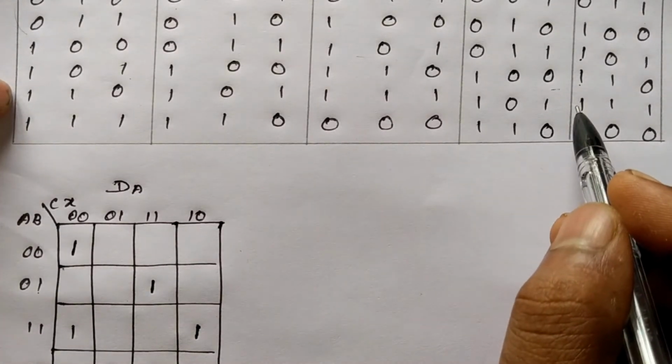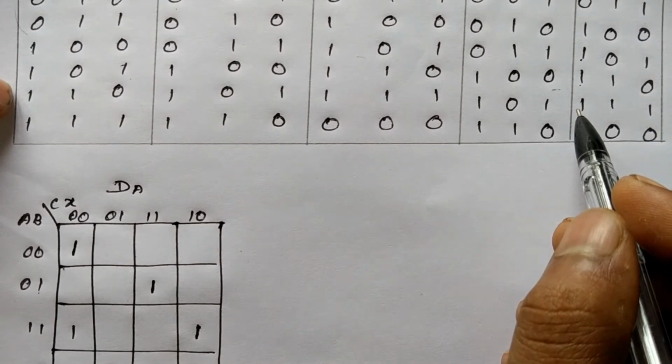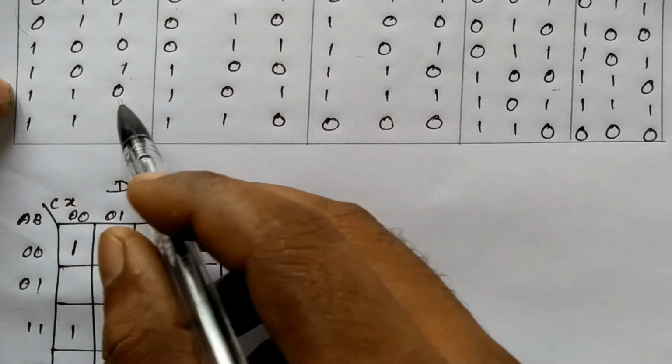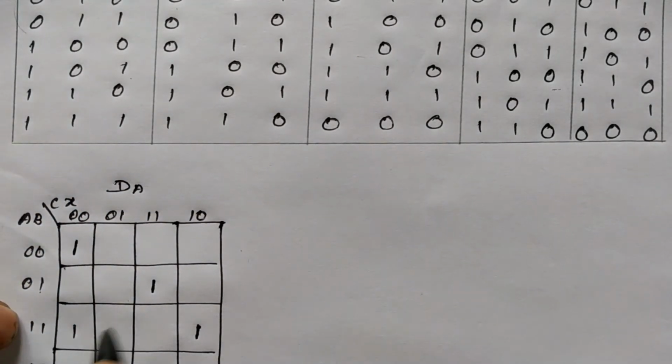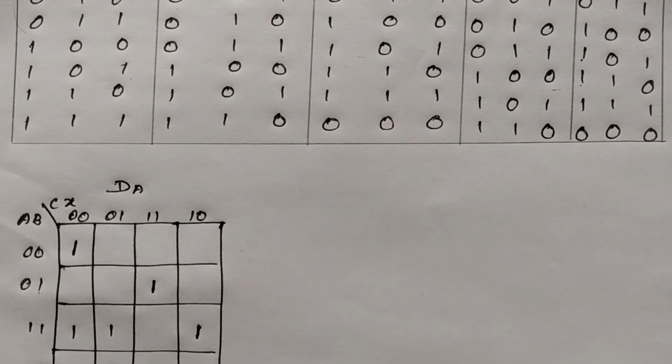Likewise, 1, 0, 0 and input 1, here we need to make it as 1. Likewise, 1, 0, 1 and input 1, here we need to make it as 1. Likewise, 1, 1, 0, 1, here we need to make it as 1. That's all. Now we can go for grouping.